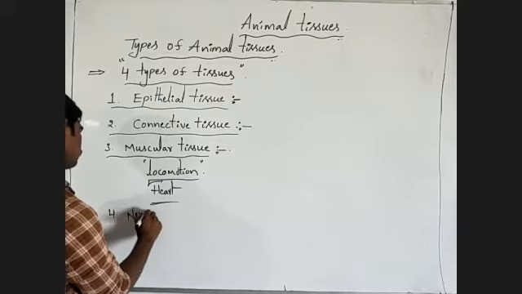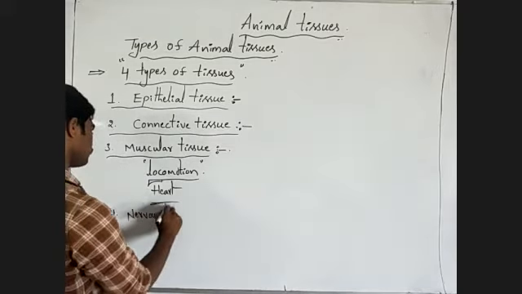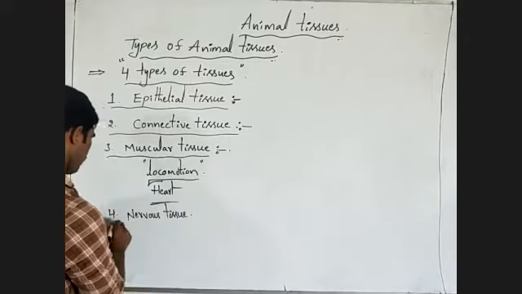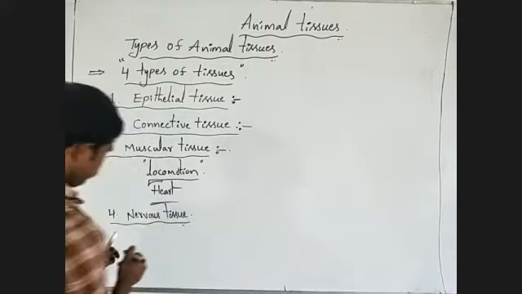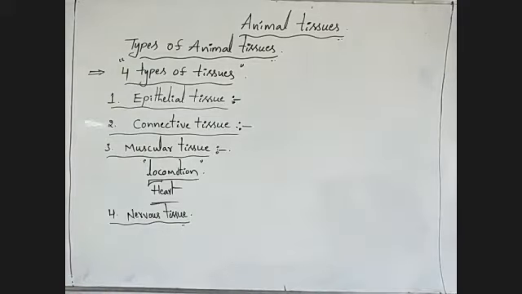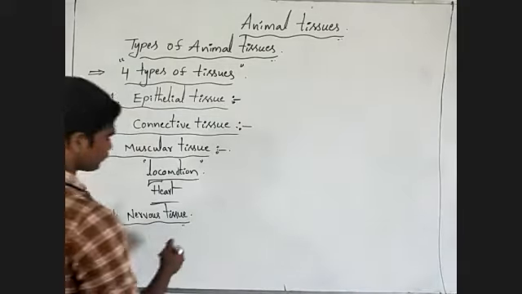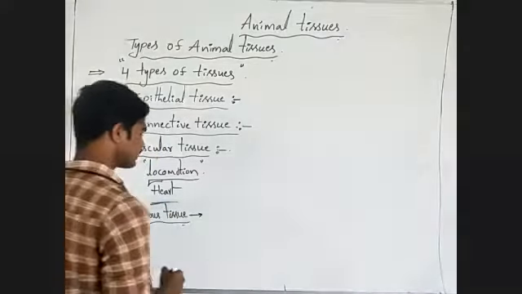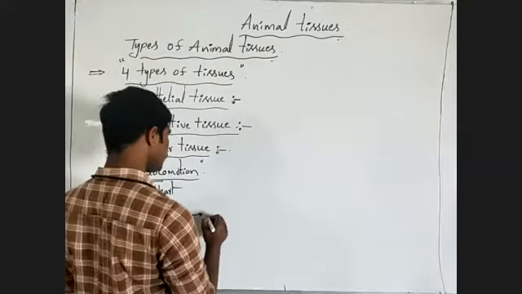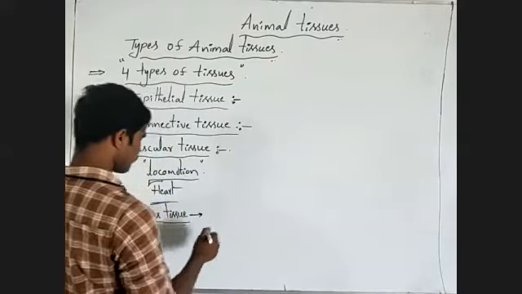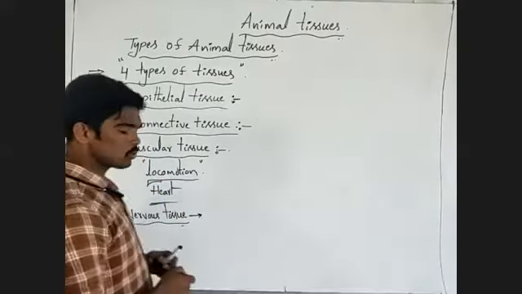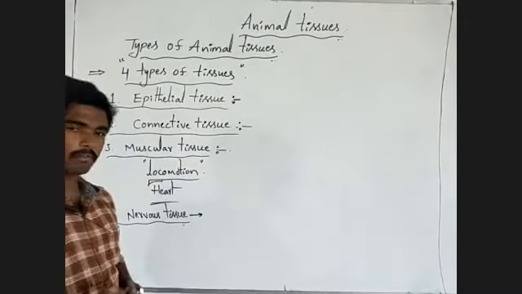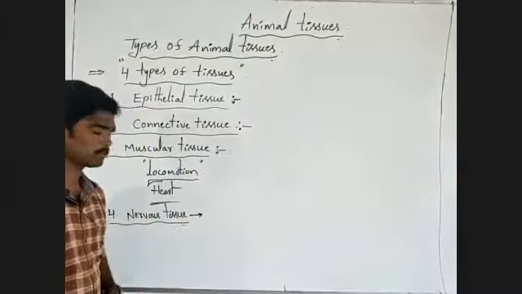Next, nervous tissue. It transmits signals or information from muscles to brain, from brain to muscles, and from one part to another part.